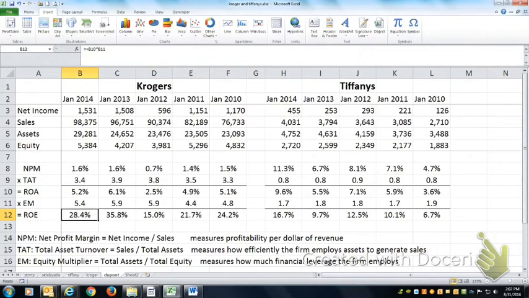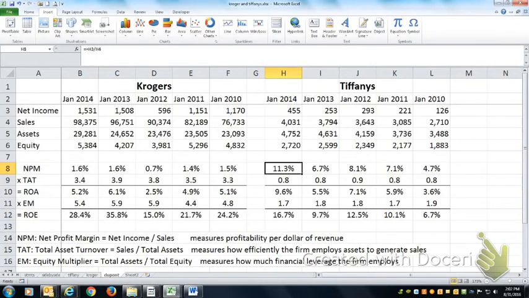And some years it's materially higher. They had one bad year here in the middle. With Tiffany's, it's closer to 10%, all right? This is their really good year, 16.7 for the year ended January 2014. Kroger's almost twice that. All right, so the shareholders are earning a higher rate of return for every dollar they invest in Kroger's relative to every dollar invested in Tiffany's.